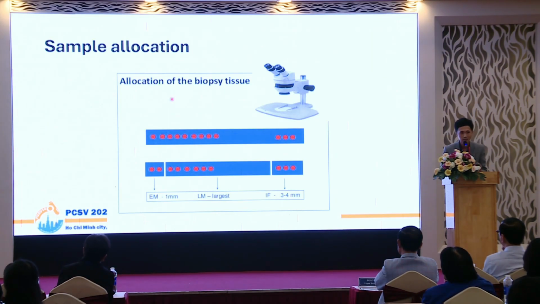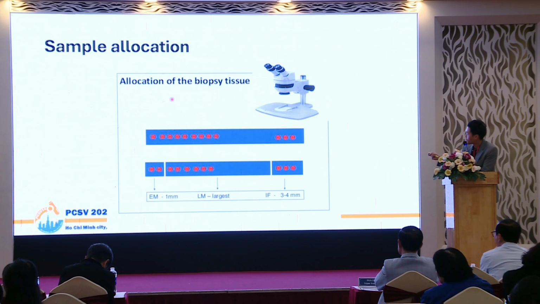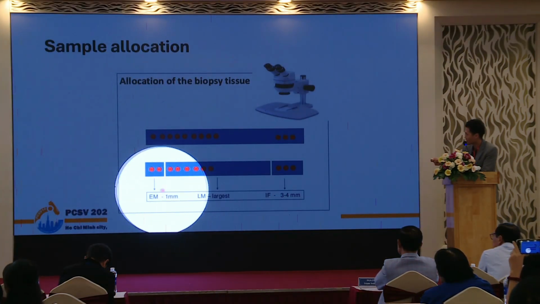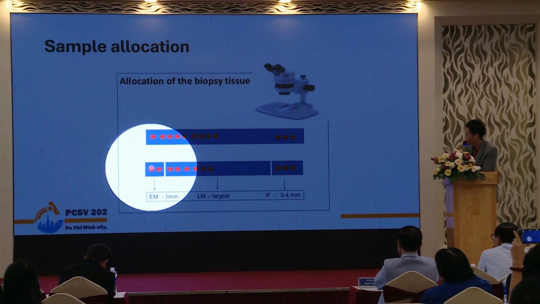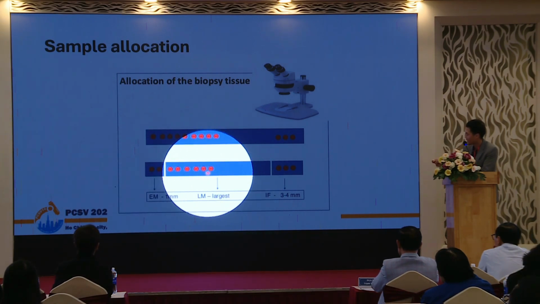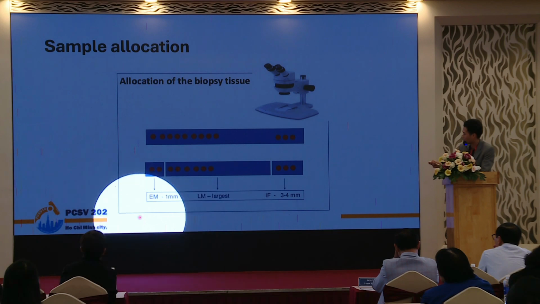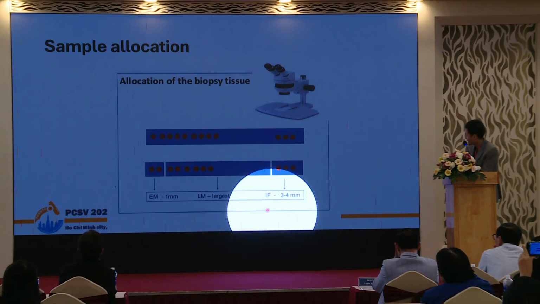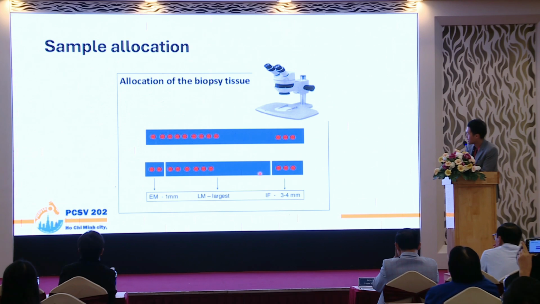In most kidney diseases, the glomeruli are the primary object for diagnosis, so we allocate the samples based on the glomeruli. For electron microscopy, one or two glomeruli are often enough, and for the remaining sample, most tissue is used for light microscopy, and the other for immunofluorescence.